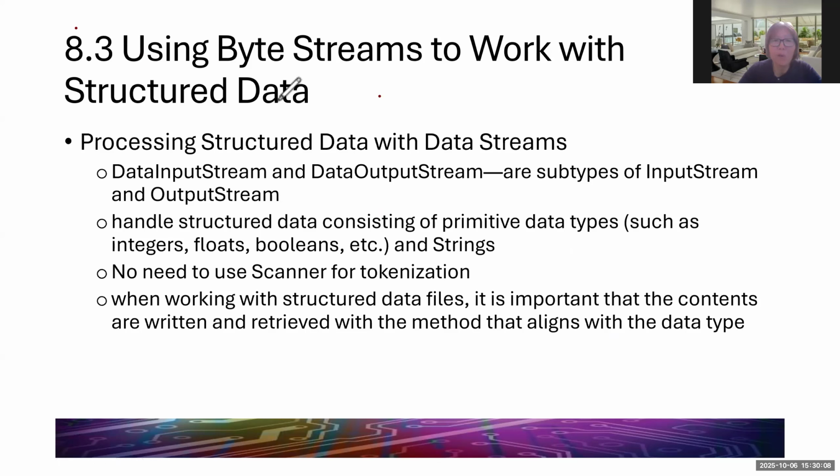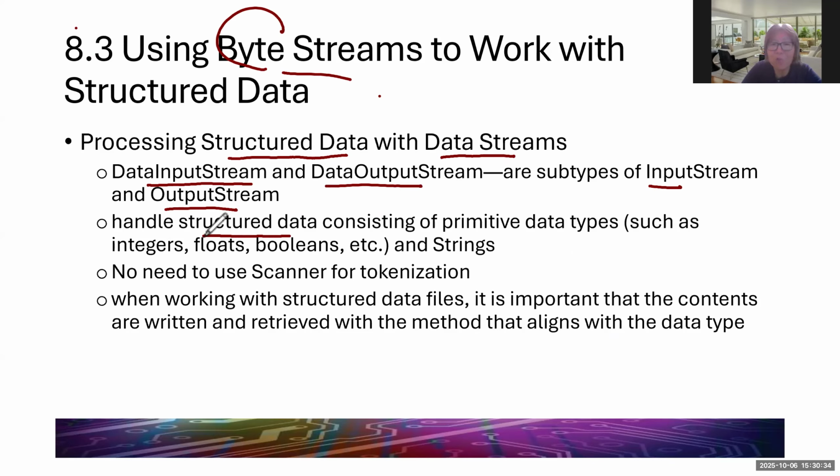So for structured data using byte streams, we first consider the scenario of data streams. There are two subtypes for the input and output stream. Both deal with file streams or byte streams: data input stream and data output stream.